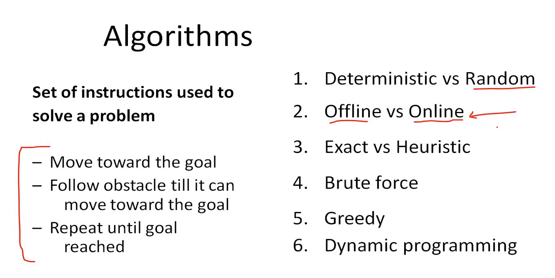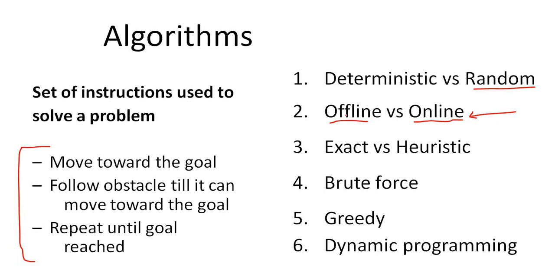So the map data is also, you can say, the readings from the sensor. They are being obtained by the algorithm, and meanwhile the algorithm is running and the robot is also moving.